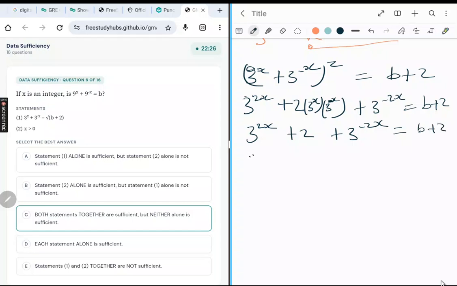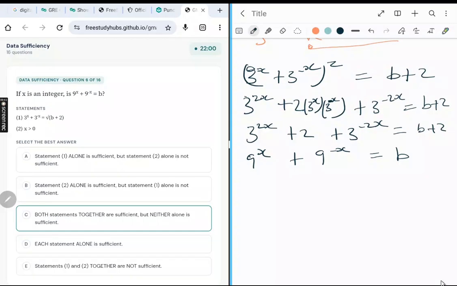This is the same thing as 9 raised to the power s plus 9 raised to the power minus s equals b. We cancel the 2. So statement 1 is sufficient.